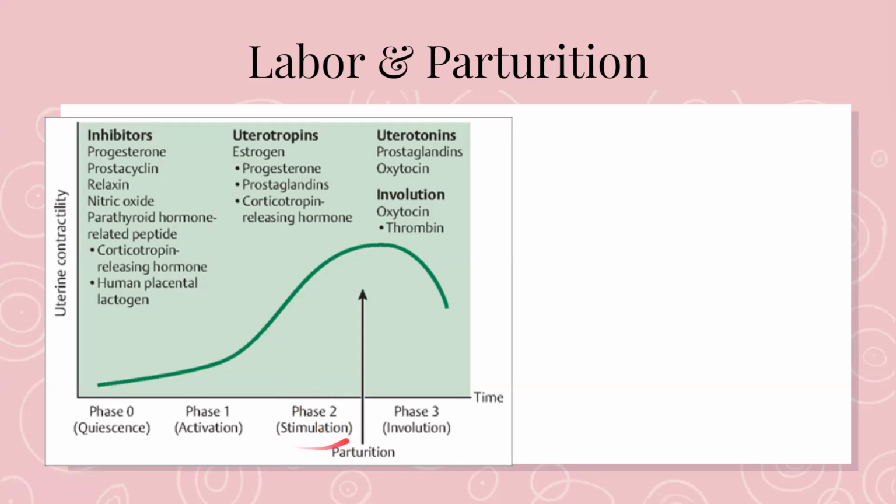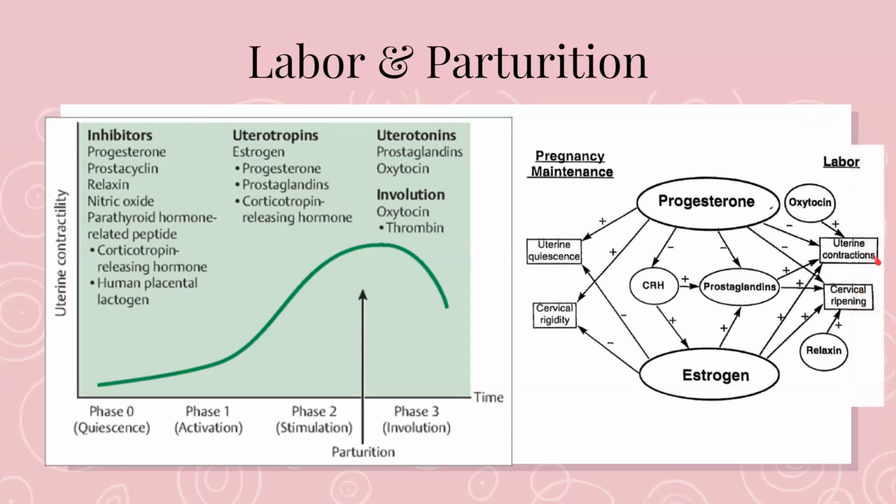And then phase 2 is really the onset of labor to the delivery of the baby, and that is going to be driven by prostaglandins and oxytocin, and then involution is really going to be driven by oxytocin and thrombin, because oxytocin stimulates that contraction of smooth muscle.